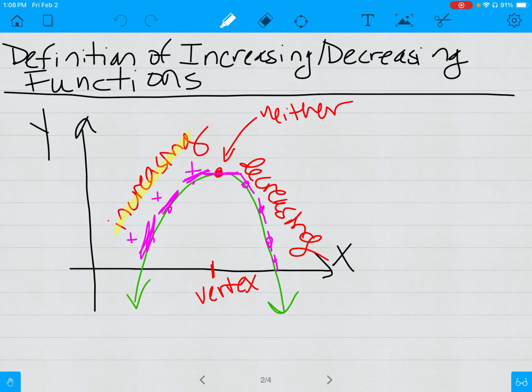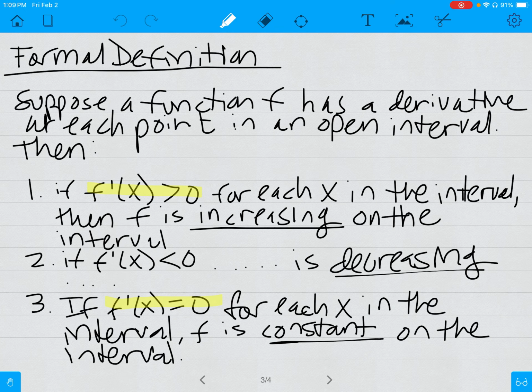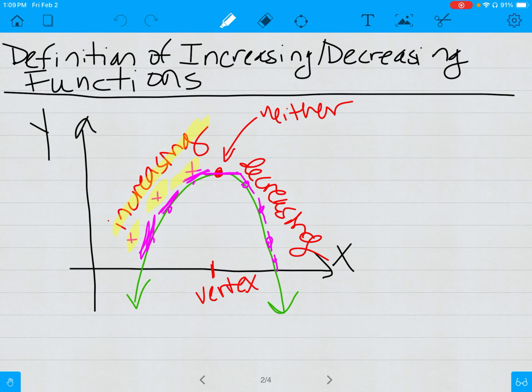That's what we saw right here. Slopes of the tangent line were positive, f was increasing. Similarly, if f prime of x, the slope of the tangent line, is negative for each x on the interval, then f is decreasing on that interval. So again, here we are decreasing on our graph of our downward pointing parabola. On the right-hand side, the slope of these tangent lines was negative, so that's the decreasing part.